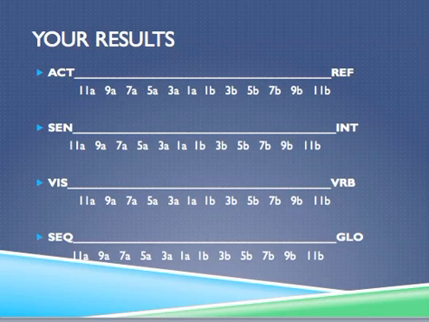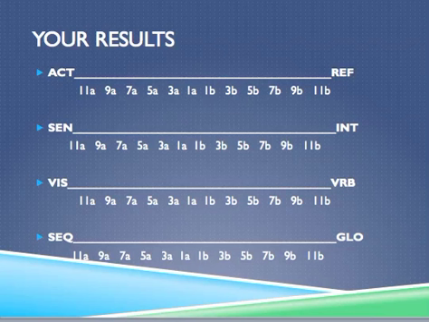If, however, you received a line directly in the middle, that means that the results that you gave us show that you're balanced between the two. Or if you ended up having an 11B for reflective, meaning that you are a very reflective learner and probably not active learning at all.